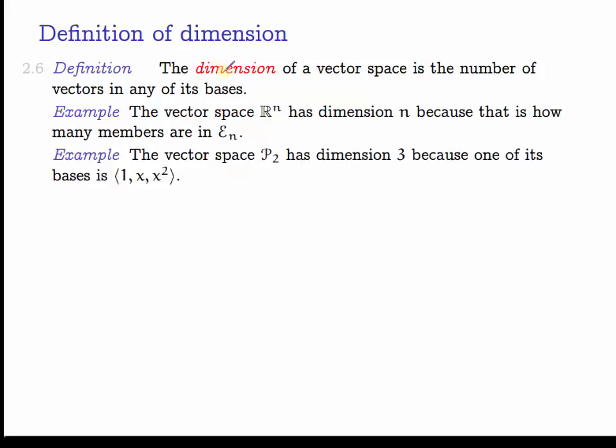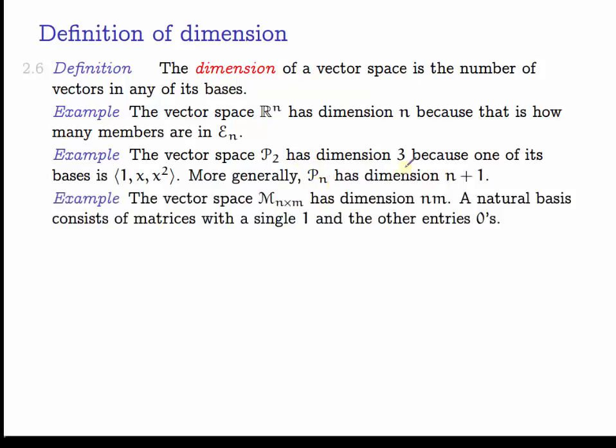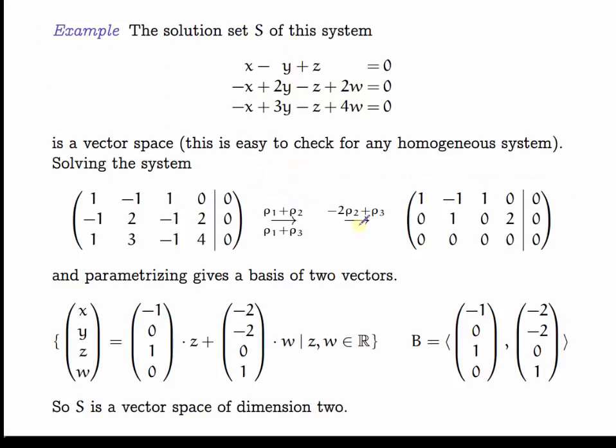All right, so here we have another example. A three-dimensional vector space, an n plus one dimensional vector space. You can read through these examples. They're pretty natural.